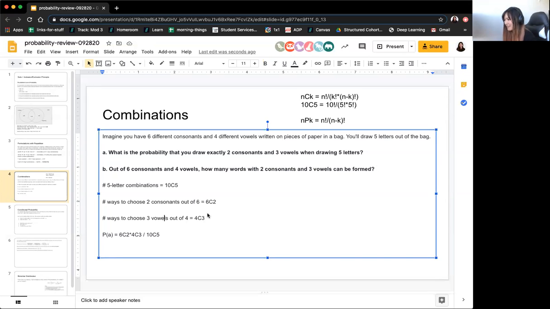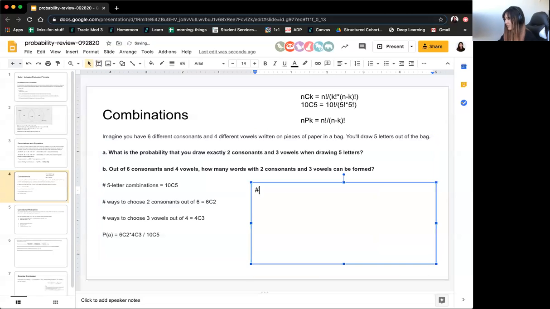So we already have this part here, which is the number of ways to choose 2 consonants and 3 vowels. So let's put it in a different text box here. Number of ways to choose 2 consonants and 3 vowels is equal to 6 choose 2 multiplied by 4 choose 3.